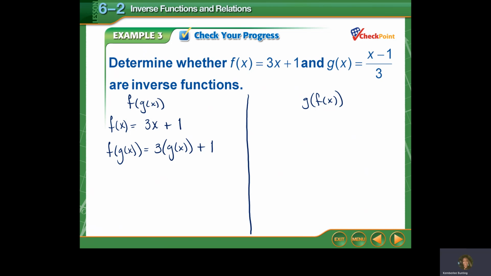What is g of x equal to? Replace it. Plug it in. Oh, okay. Yeah, keep going.